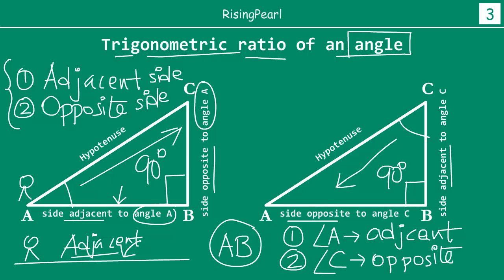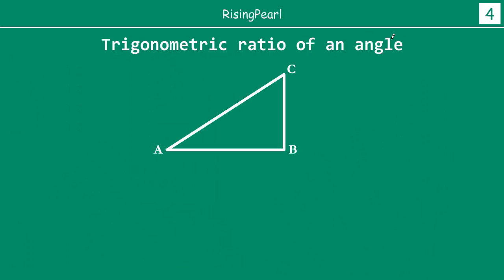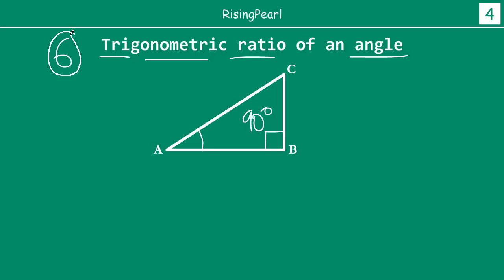Now let me explain what these trigonometric ratios of an angle are. If my angle B is 90 degrees and this is my angle A, there are, friends, a total of 6 trigonometric ratios. What are they?